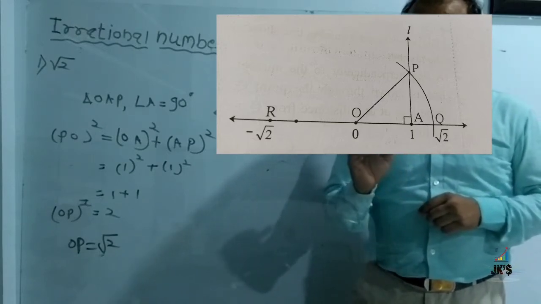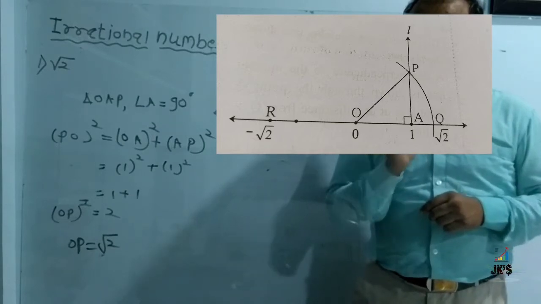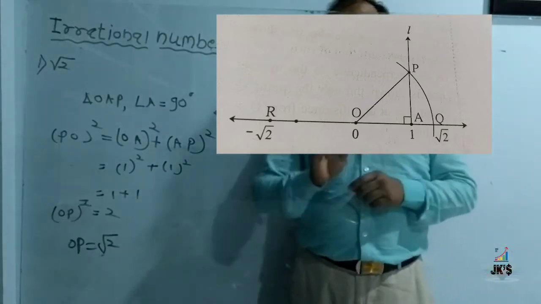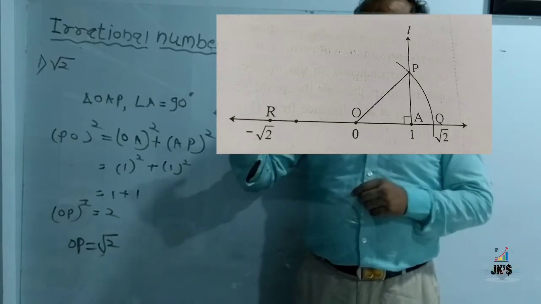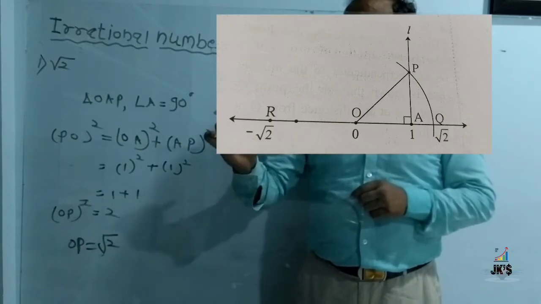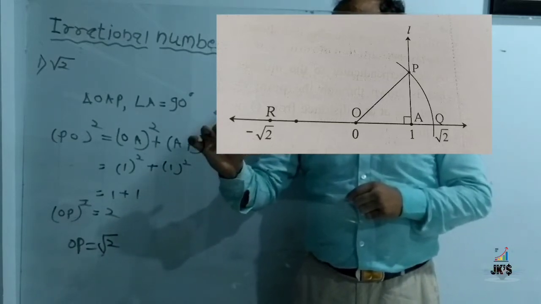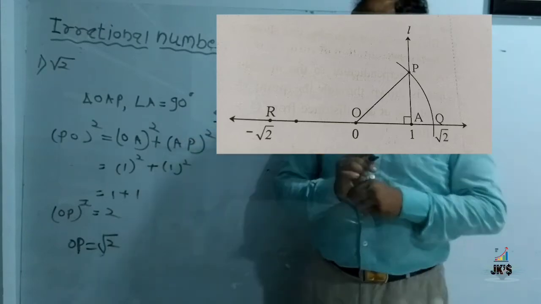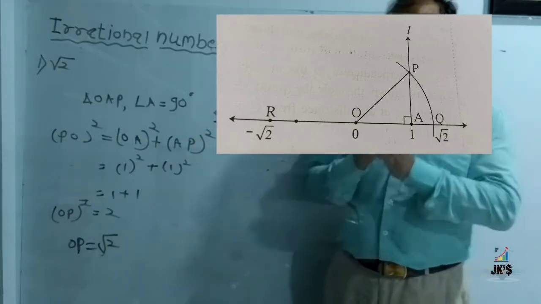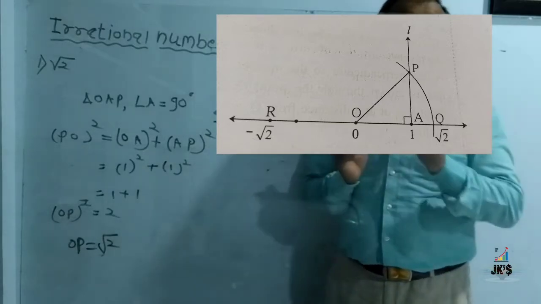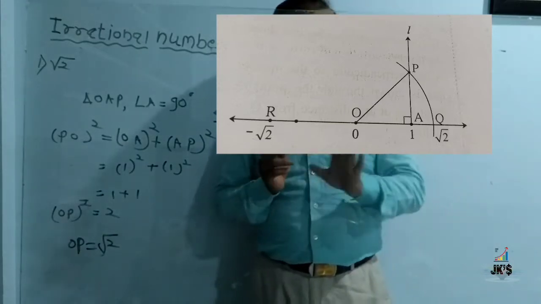On this side, when we take the same distance and draw an arc, that shows minus root 2. In this way, root 2, which is not a rational number, is also present on the number line.